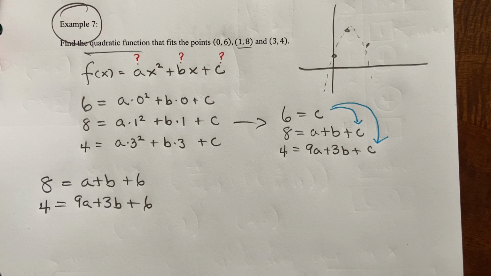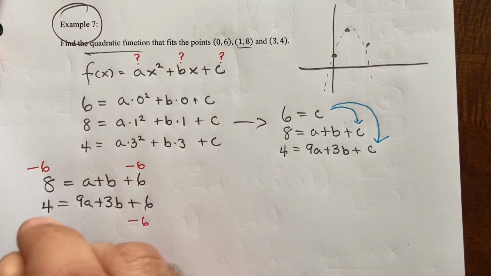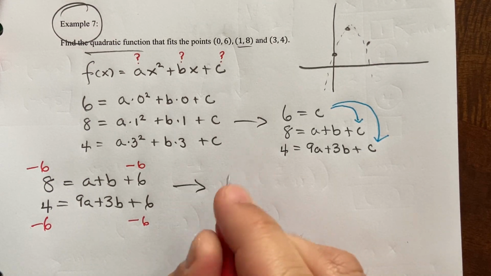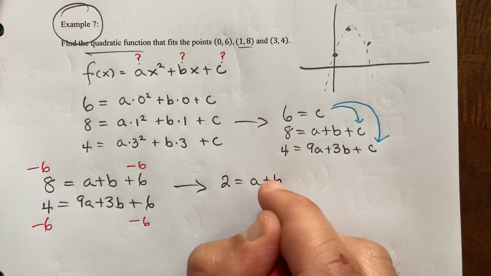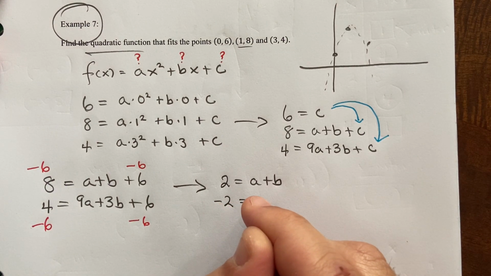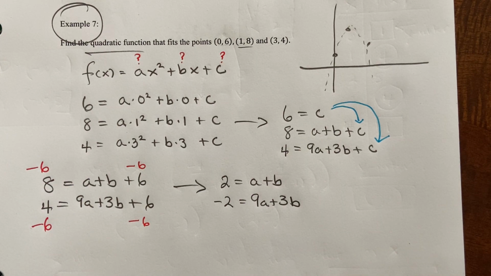All right, so simplifying, I'll subtract 6 in both cases from both sides. So I have 2 equals a plus b, and I have negative 2 equals 9a plus 3b. So I have this system of two unknowns, a and b.